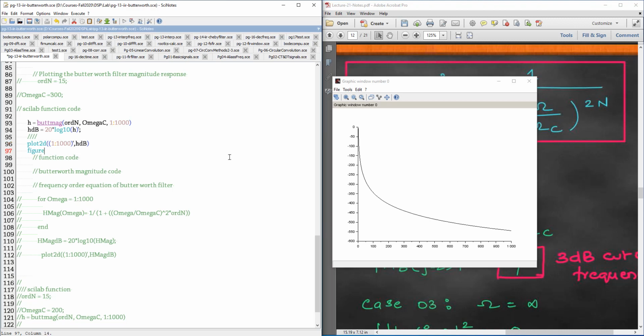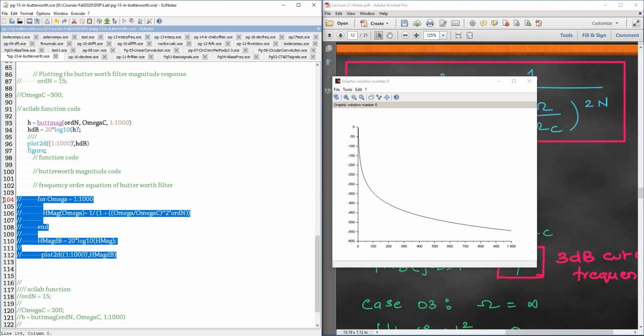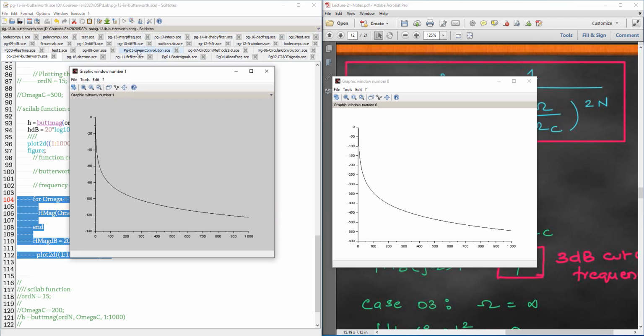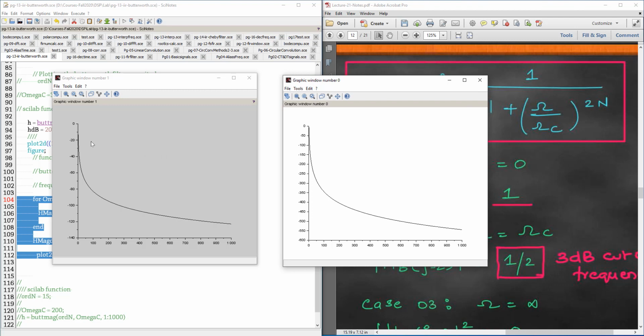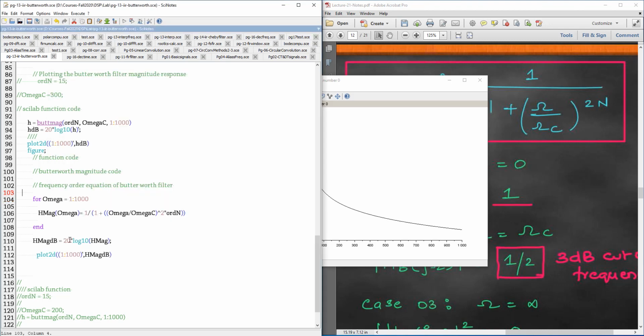When I plot this, and if I plot this, it's pretty much the same. For a new figure, I think the command is new figure, and let us see if I can plot this also. See, pretty much the same thing.